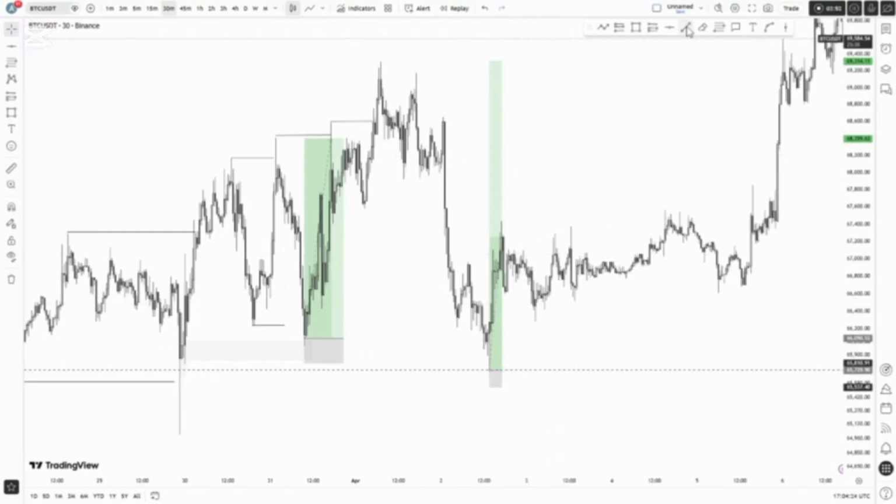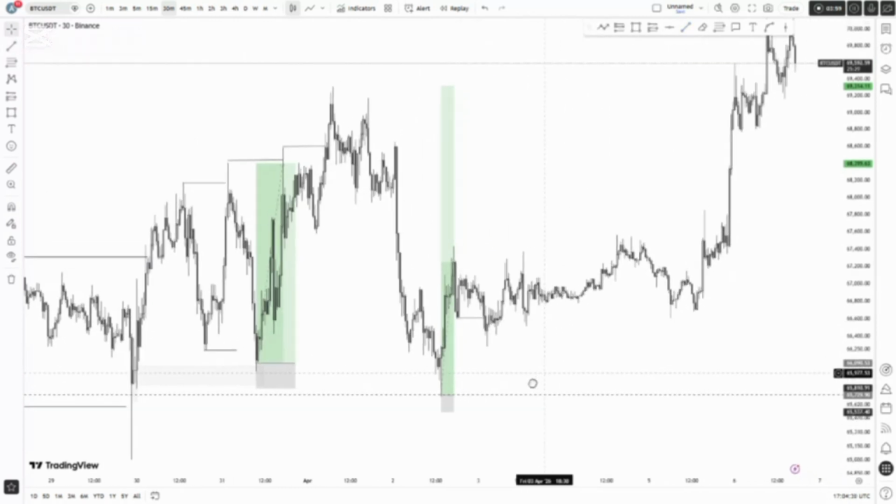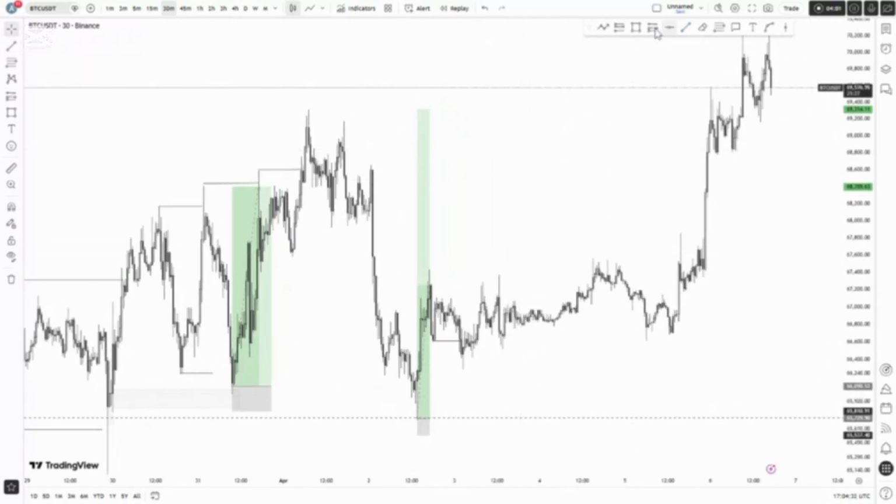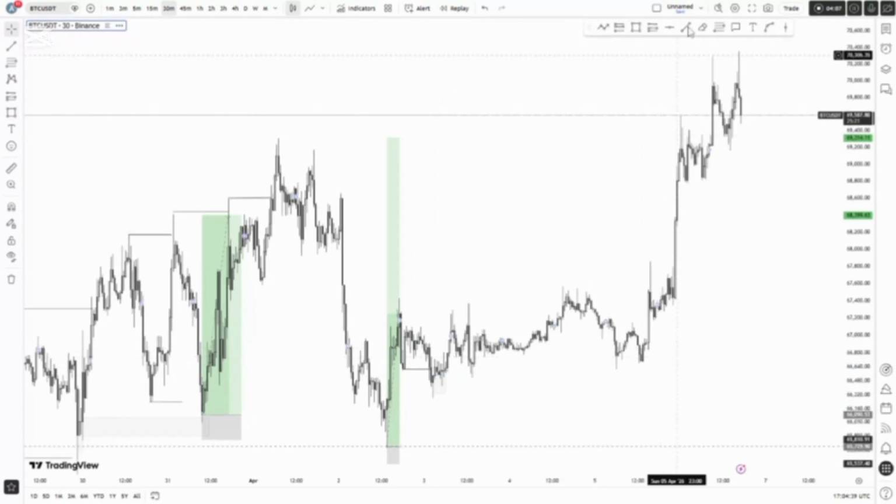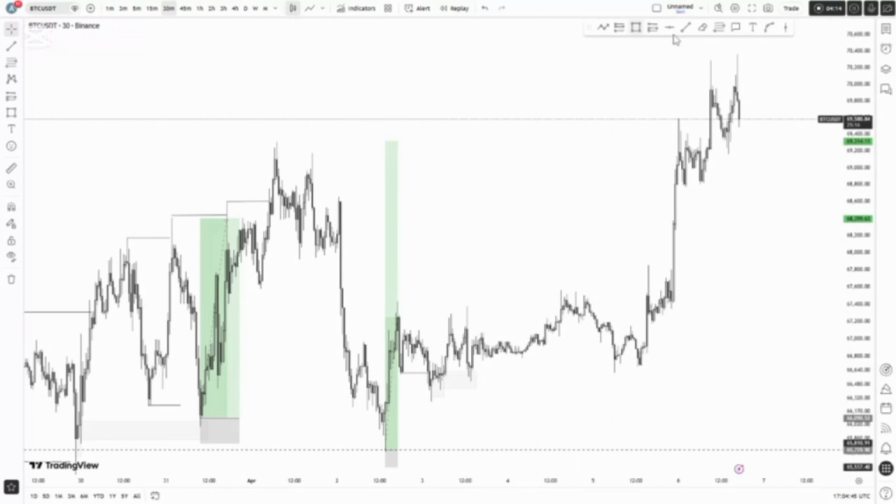So going on, price was printing a kind of structure in this particular range before price would have taken out the previous high. So I had my manipulation, that's my sweep of liquidity, and I have my several demand mitigations.